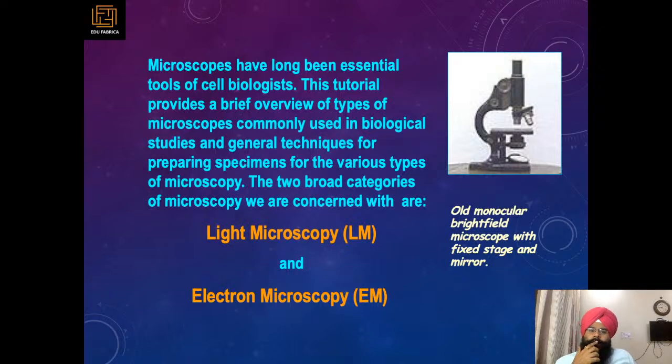So microscopes have been quite a major need for the biologist, so that we can confirm whatever we see at the chemical level, at the biochemistry level. We can be sure that the things that are working are really working in the right manner.